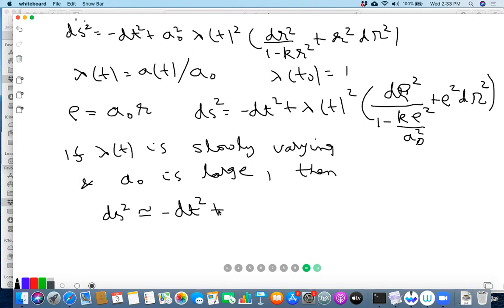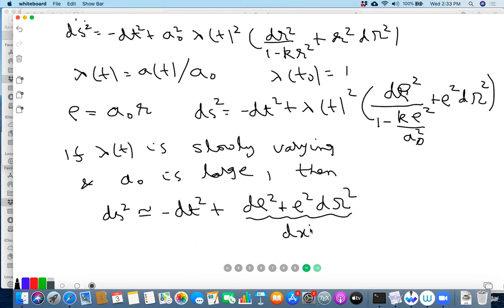So ds squared is minus dt squared plus, if a naught is large, this term is small, so I can write d rho squared plus rho squared d omega squared. But this, of course, is just a normal flat metric written in polar coordinates.